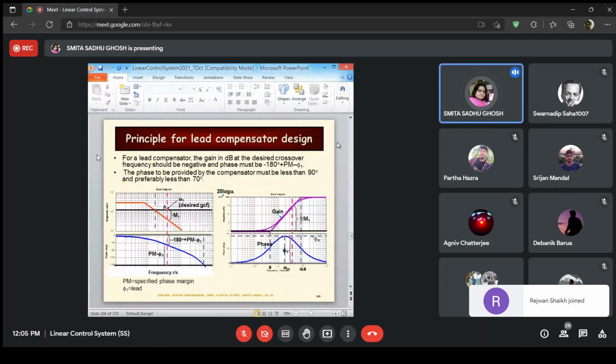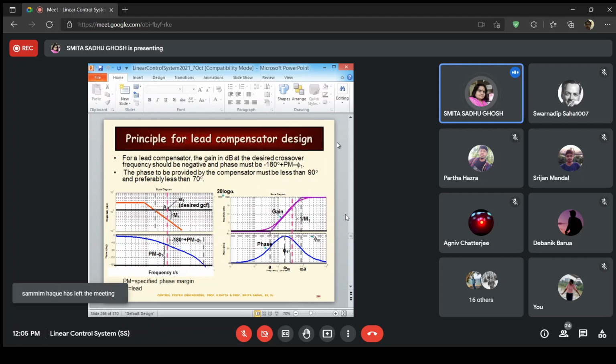Regarding the compensator design, of course, we'll have a class today, and I would try to give you a satisfactory exposure to the compensator design so that you are able to do the design, because unless there's a class taken for it, it's not going to be very easy for you to appreciate that. So I would like to dedicate the class to the compensator design rather than the control system components, which are descriptive in nature, right?